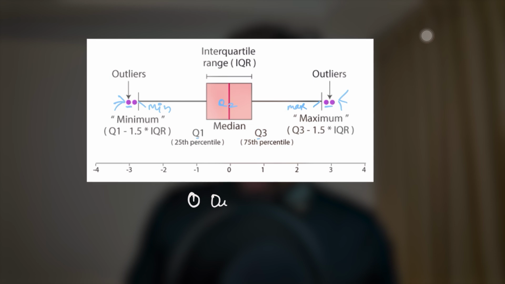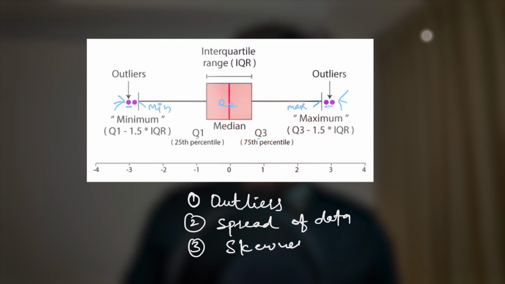Now we have a question: why do we use the box plot? We have 3 answers for you. The first one is to find the outliers; the whiskers are outliers. The second one is to find the spread of data. And the third one is the skewness of data. We will understand how we are doing these things.